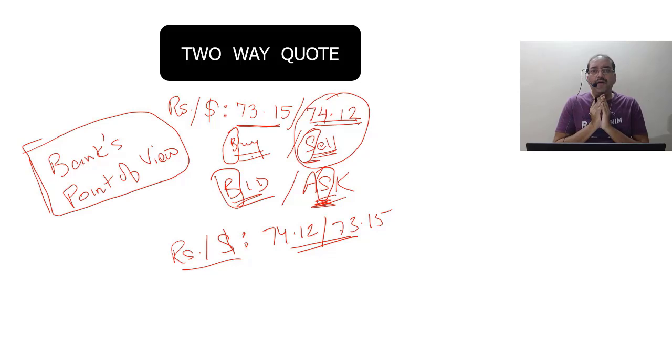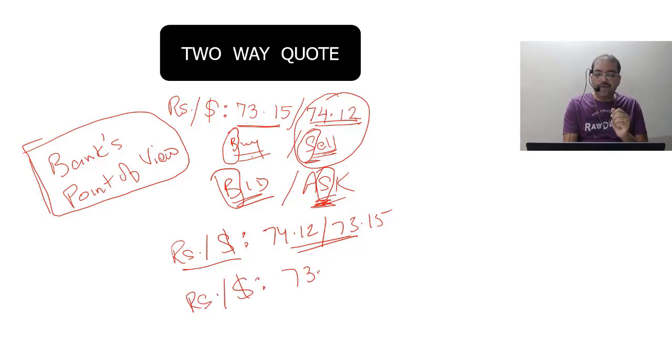Please remember this point. You make a mistake, your entire problem goes wrong. So rearranging, I write rupees to dollar 73.15 first and then 74.12.